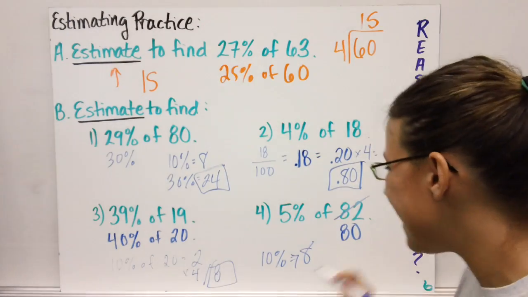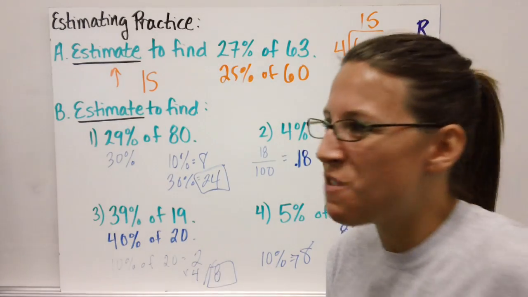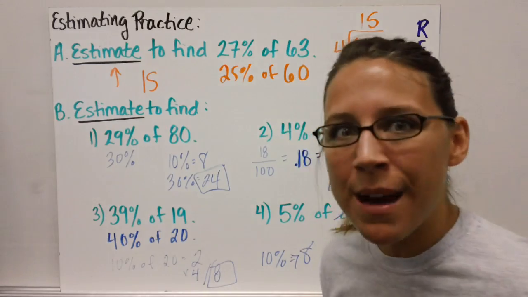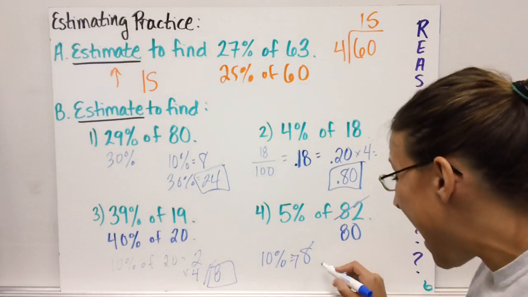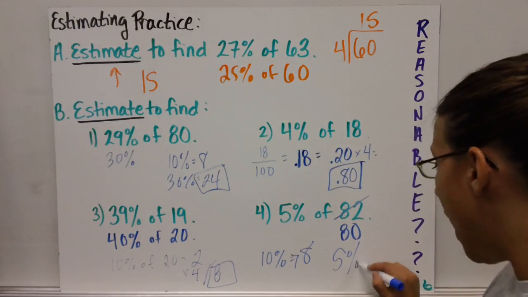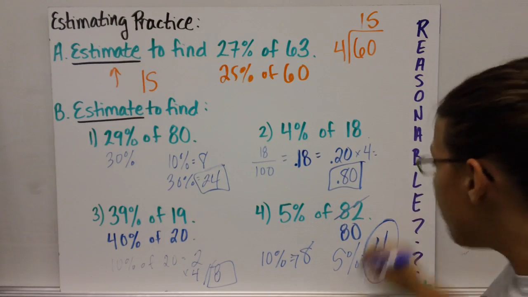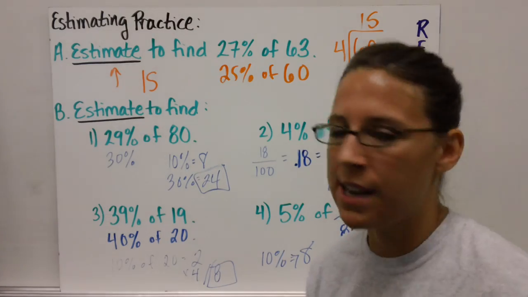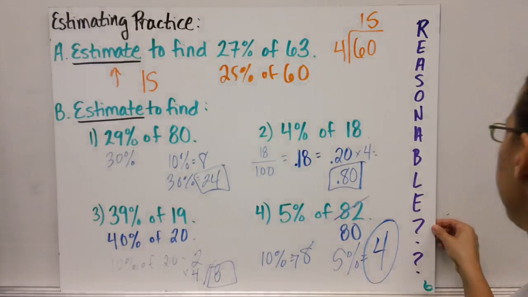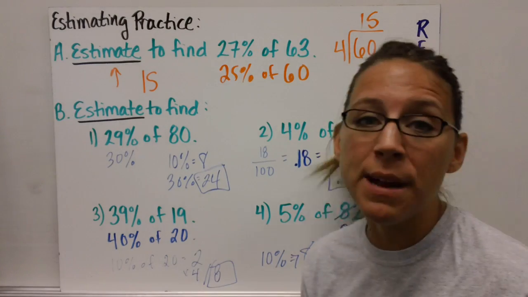So if 10% is 8, how do you get 5% if you know 10%? Divide it by 2. So if I know 10% is 8, then that means 5% of 80 is about 4. And absolutely, I would accept 4 as an answer here. Wonderful work. And that's it. Estimating with percents.